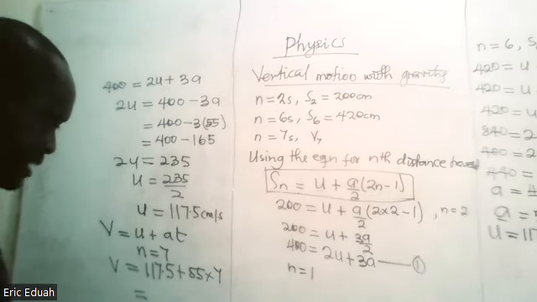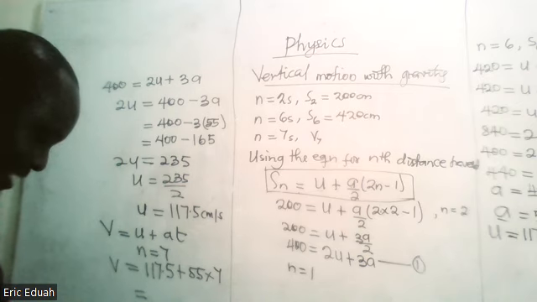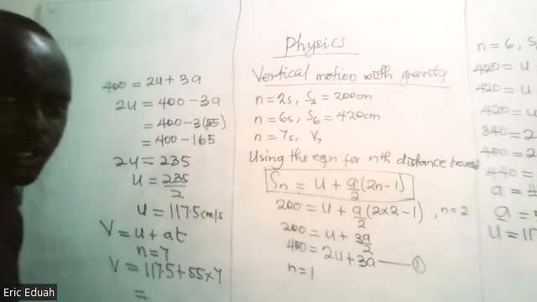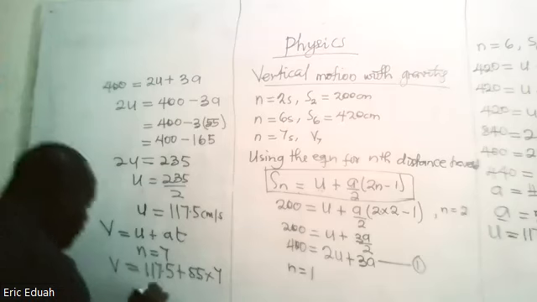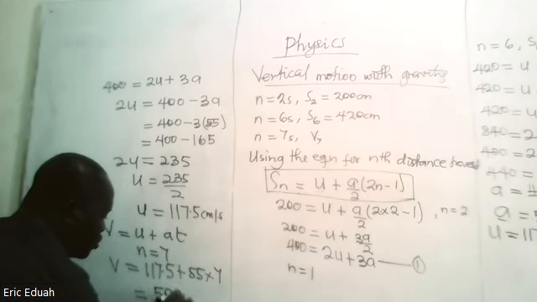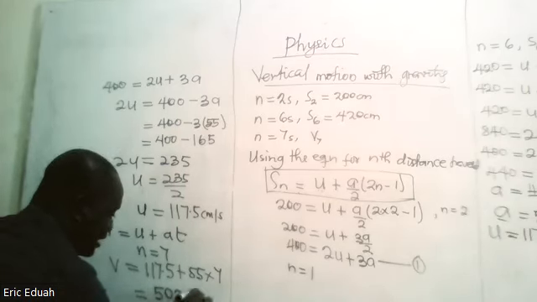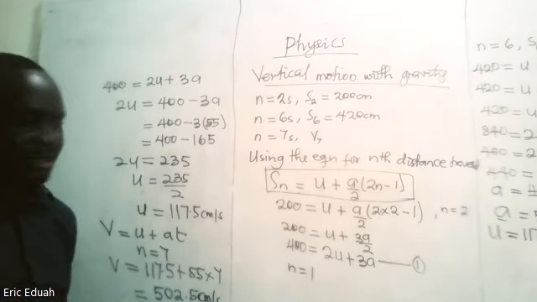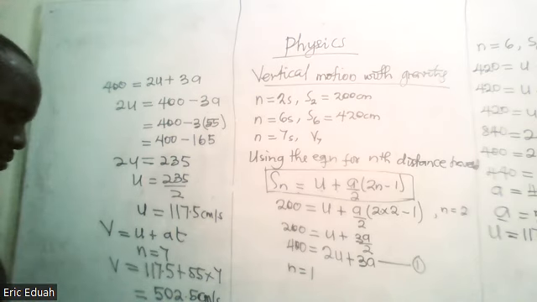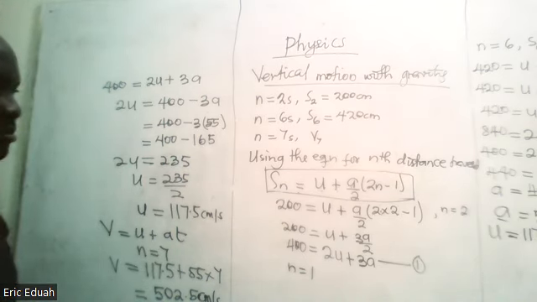Okay, let me test with my calculator too. 117.5 plus 385 is 502.5 centimeters per second. Please, are we okay? Yes.